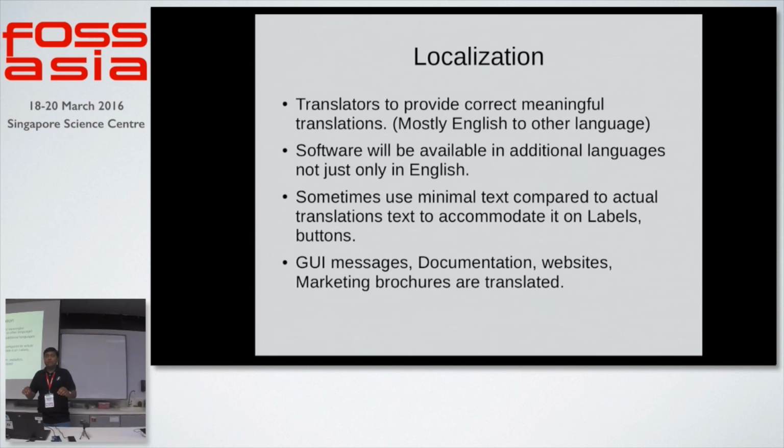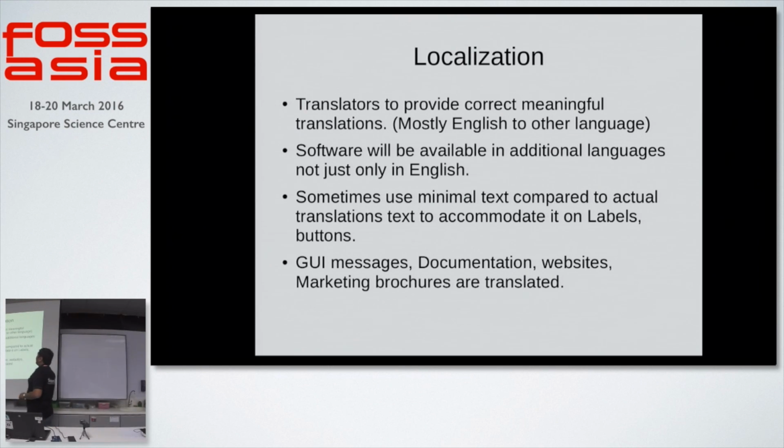Sometimes the button contains only 2 or 3 words, and while translating it may become 5 or 6 words. Then the label appearing on the button will be oversized, and that should not happen. So that is the task of the translator, to properly translate using the minimum words into a meaningful sentence.